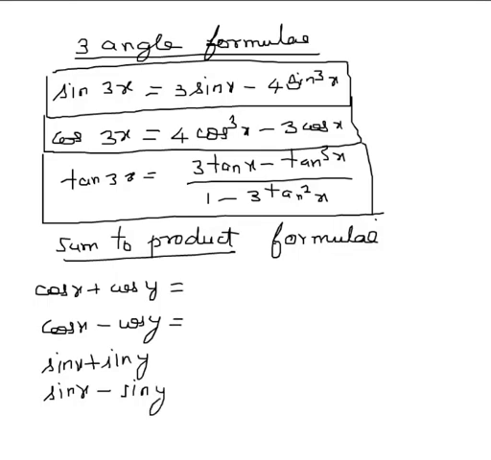Now you have addition or subtraction in between these terms, and it will become a product. It changes to multiplication. You will have 2 here, and here you will get x plus y by 2 and x minus y by 2.